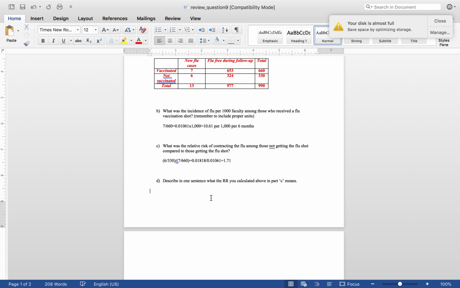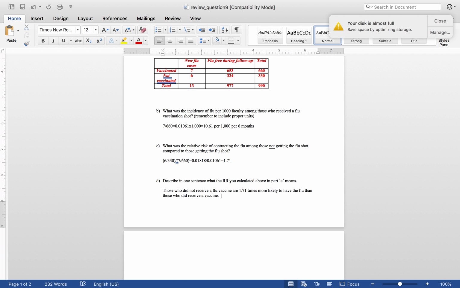And so we would interpret that 1.71 as those who did not receive a flu vaccine are 1.71 times more likely to have the flu than those who did receive a vaccine.